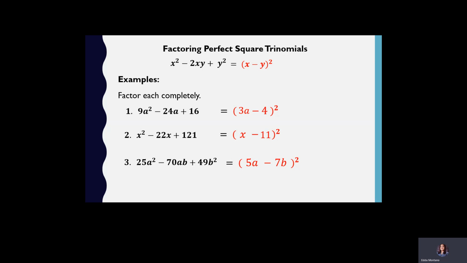And what if, while solving for the sum or difference of two cubes, it can still become a difference of two squares? So you just have to apply. Sometimes a problem has two or more factoring methods, so you really have to distinguish. It takes practice. But for now, I'll just give you basic examples wherein only one method will be applied. Don't worry about that.